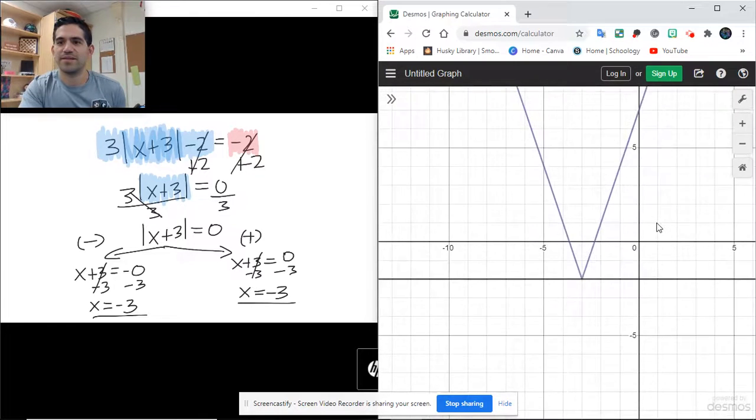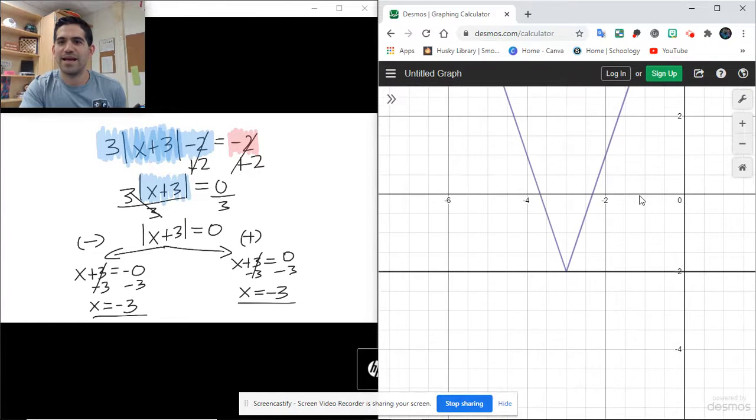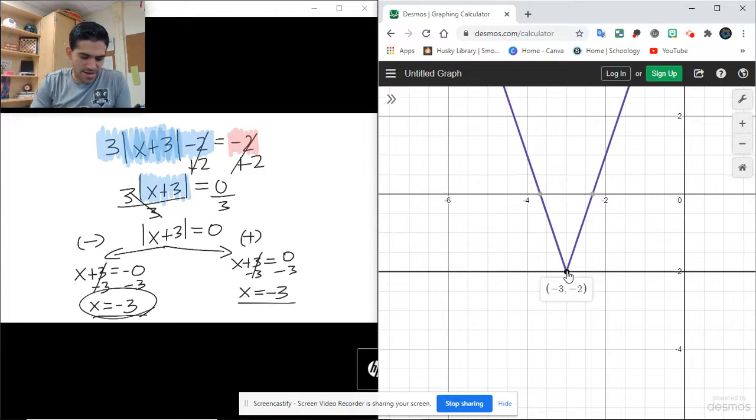Notice, zooming here a little bit, how the function intersects this other line at only one point, at negative 3, negative 2. And that's why we're trying to figure out, when is this function going to equal negative 2? Well, that happens when x equals negative 3. We're always going to get two answers, but the answer is the same thing. And this is how you get one solution for the absolute value equations.